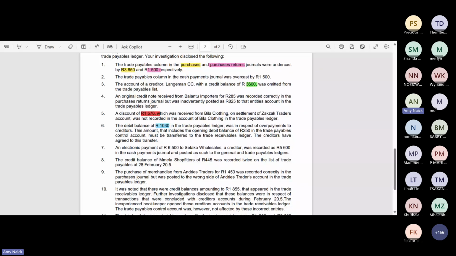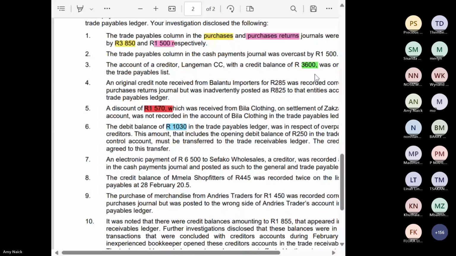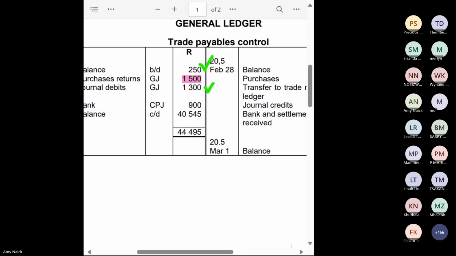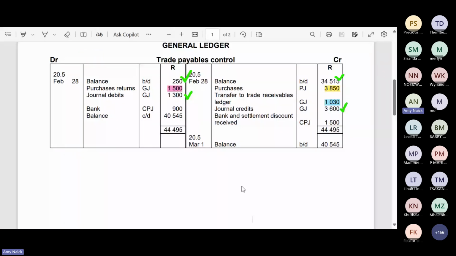So if we go back to the solution, this looks very big. Are you guys seeing the solution? Yes, we can see it. Okay, so here's the adjustment coming through.